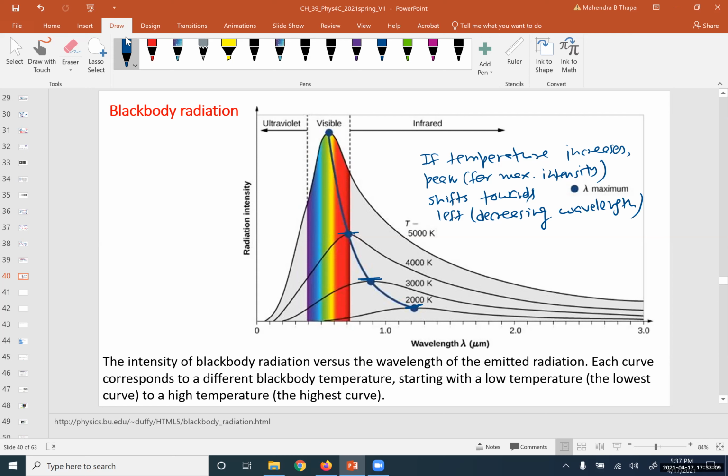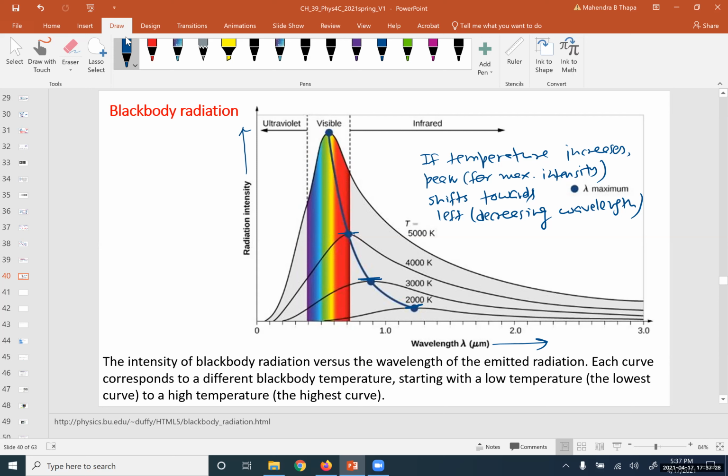In this picture, wavelength increases towards the right, and intensity increases upward. So we see that as temperature increases, the peak point shifts towards the left.